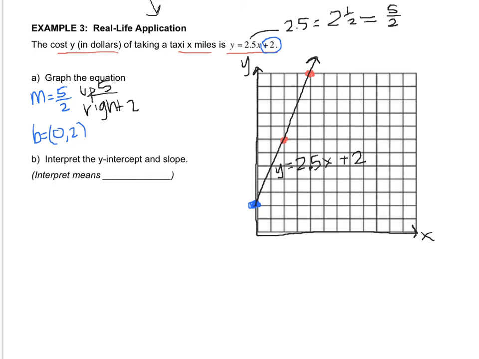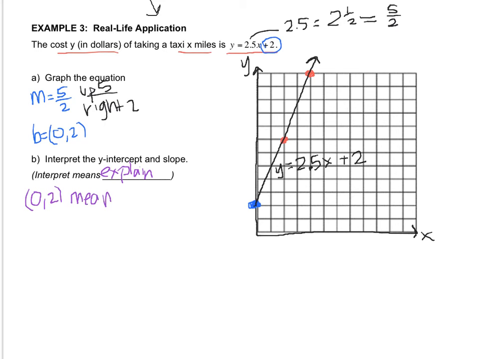Last step, B, is to interpret the y-intercept and slope, and there's a little note down here. Do you remember what interpret means? Interpret means to explain. So you're going to explain in a sentence what 0, 2 means and what 5 over 2 means. So what does 0, 2 mean?